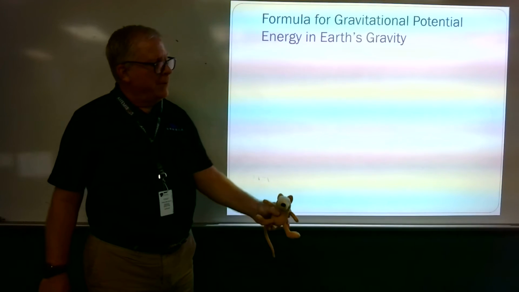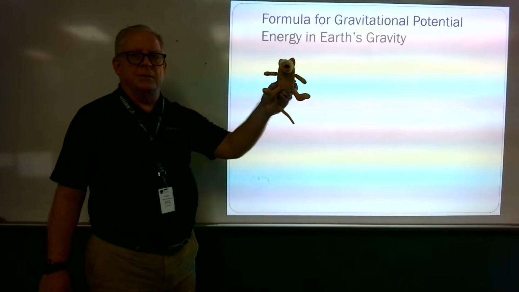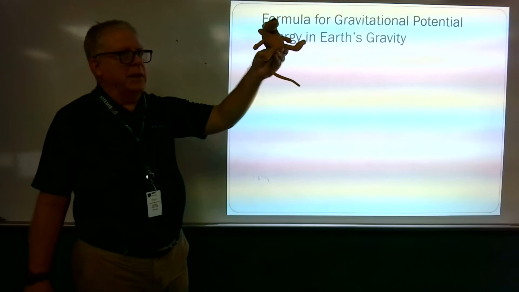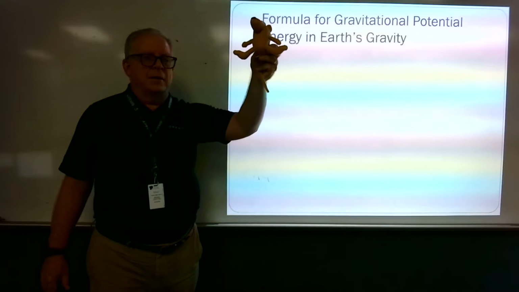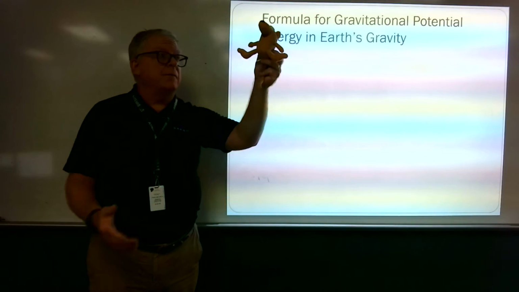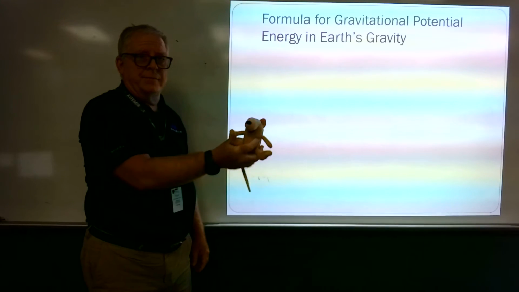So as Ratbird rises, he loses kinetic energy and gains potential energy until he rises to the top of his path and has no kinetic energy left. At that time, he's still in the gravity field of the Earth, so he's going to start falling back down.